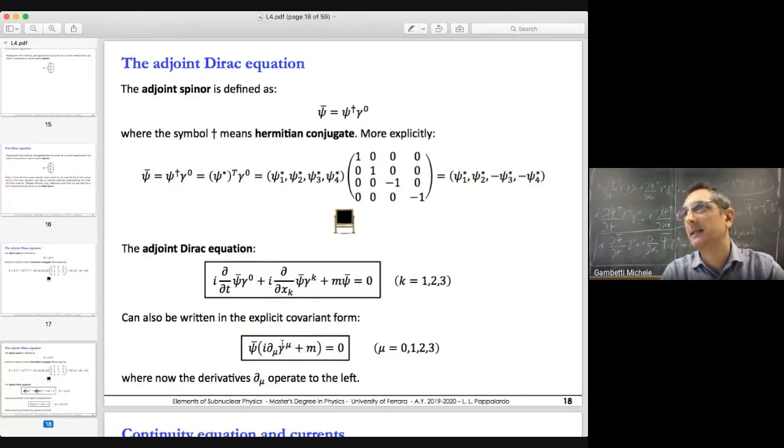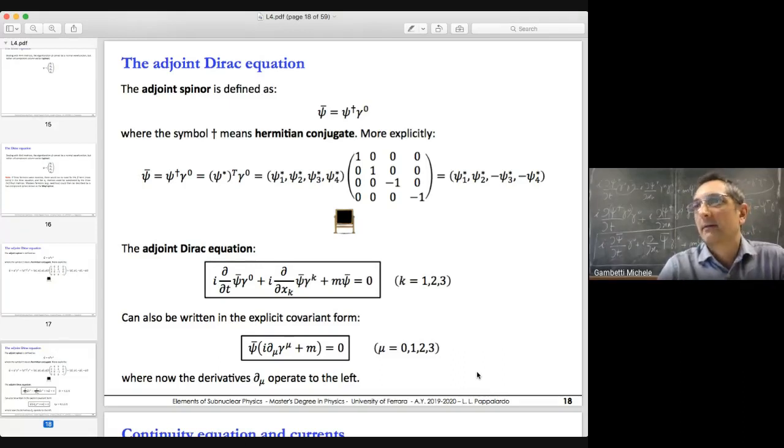And this again, once more, can be written in a more compact and explicitly covariant form by using the compact differential operator. Be careful now that if you write this in this way, the derivative acts to the left in the adjoint equation. So the spinor has to stay on the left side, not on the right side of the equation.